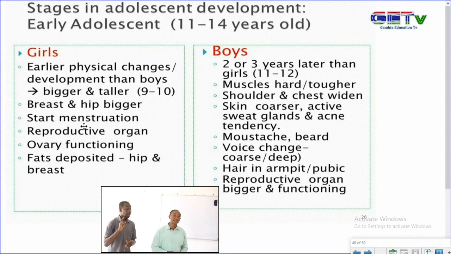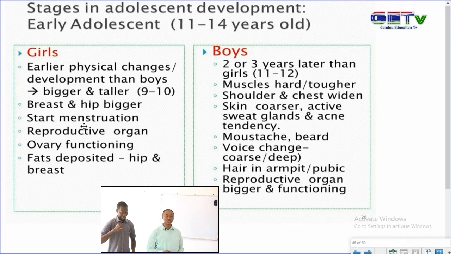And for the boys, initially the girls left them behind, but 2 to 3 years later, around the age of 11 to 12, they now take over. They grow taller, they grow bigger, develop bigger muscles, tougher. The chest becomes very broad and wide, and their skin is a little bit rough, and of course they're active.